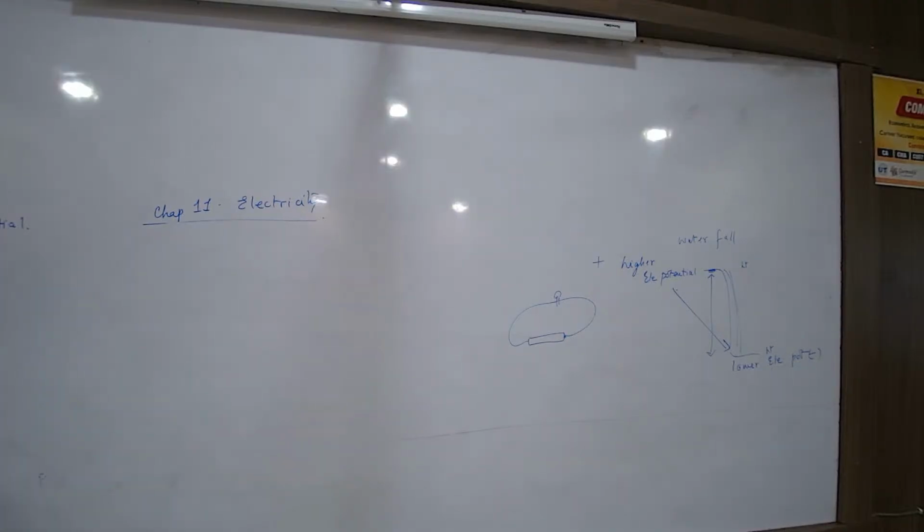I'm repeating, a continuous and closed path of an electric current is called an electric circuit. It's right here, see here. Underline it in your textbook.